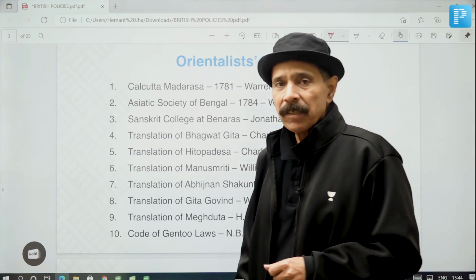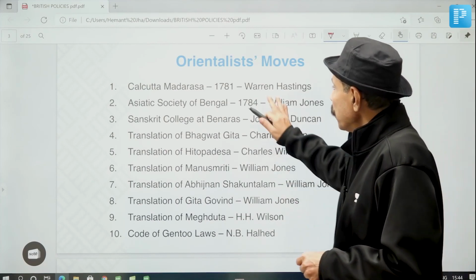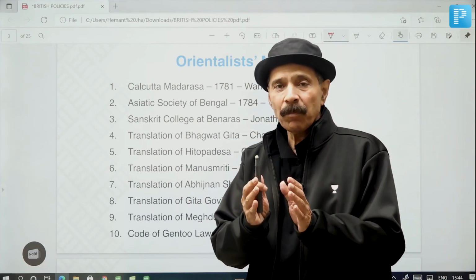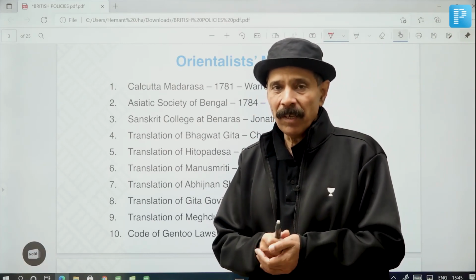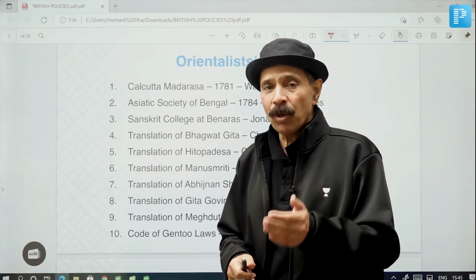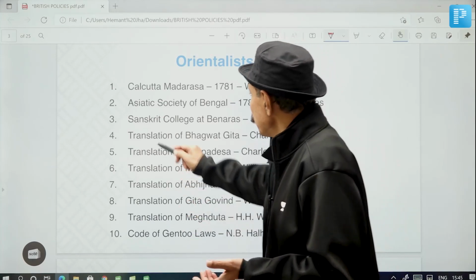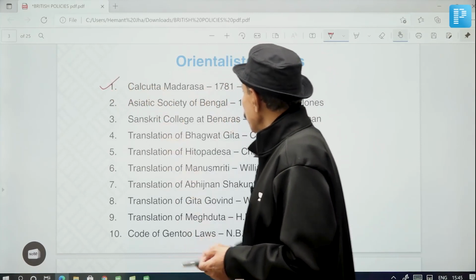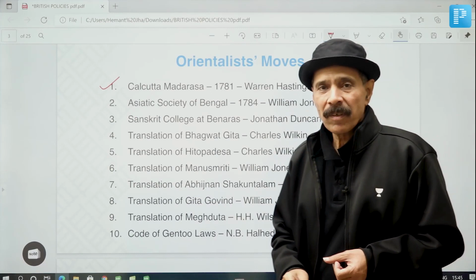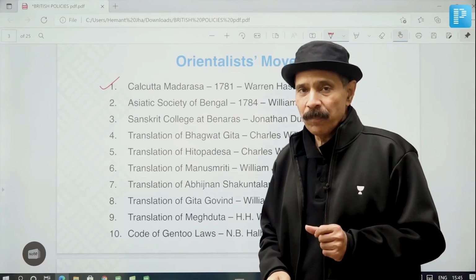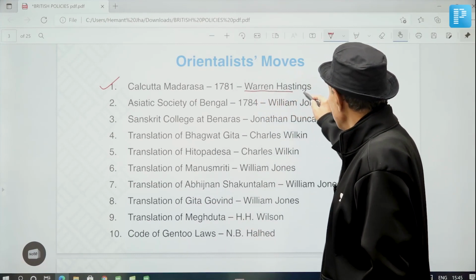This presentation is Orientalist moves, and they represent certain very, very important initiatives by the Orientalist, and each is a fact important for your exam. First is Foundation of Calcutta Madrasa in 1781 by Warren Hastings. So this fact is important for you. Warren Hastings represented the ideas of the Orientalist.